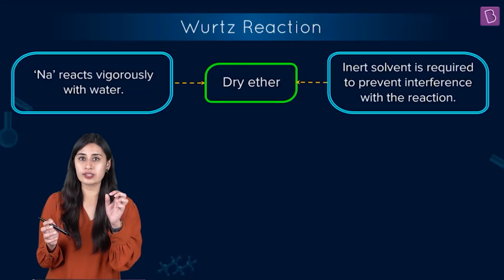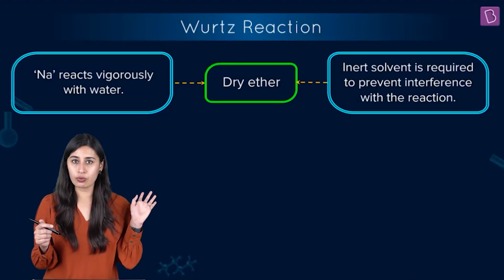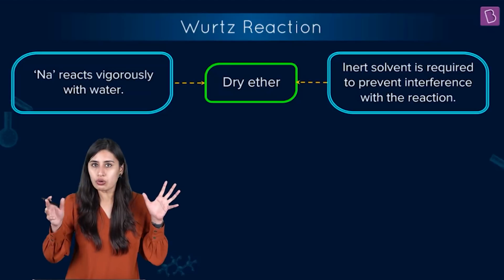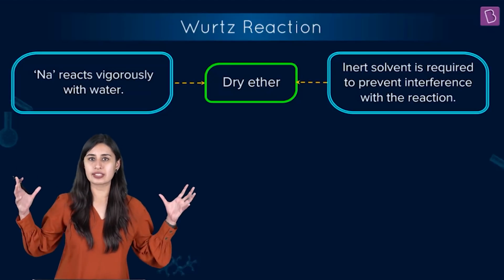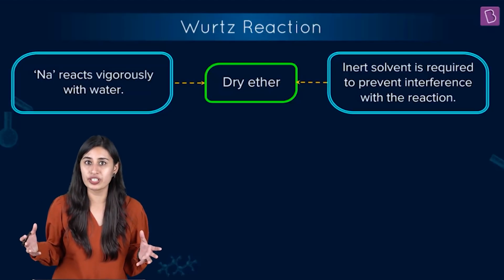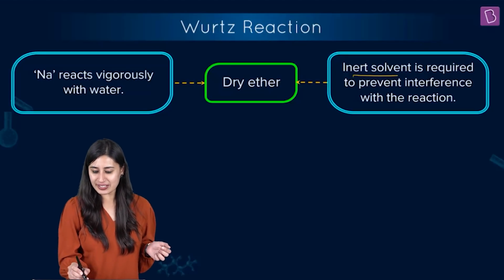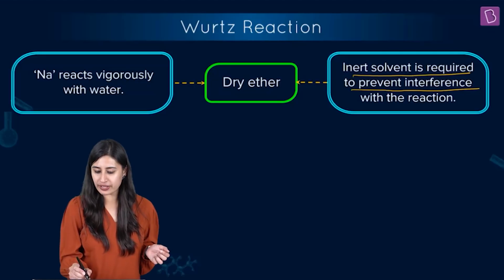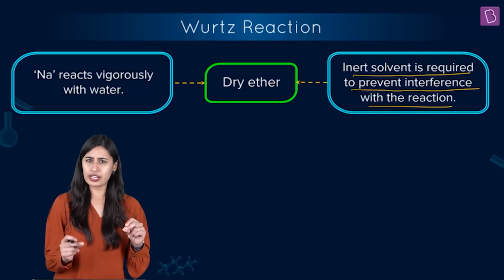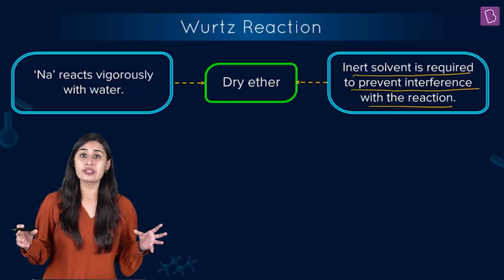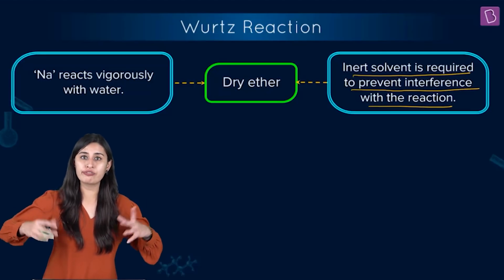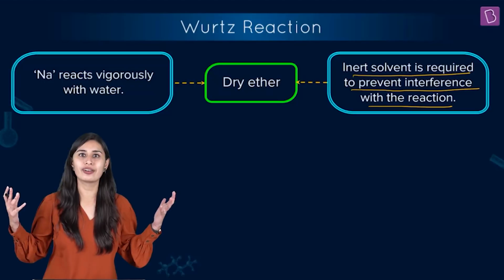So, of course, sodium is very reactive. So, dry ether helps in preventing this kind of blast that sodium is capable of producing. Okay, so an inert solvent is required to prevent interference with the reaction. Sodium will immediately react with oxygen and will cause fumes, will cause flames, will cause havoc, right?